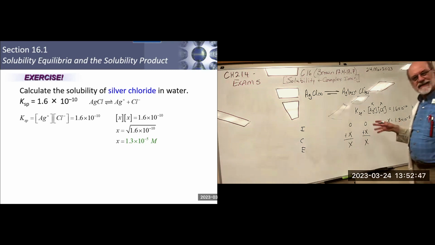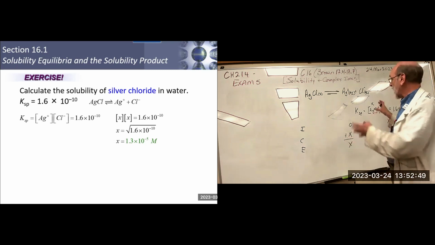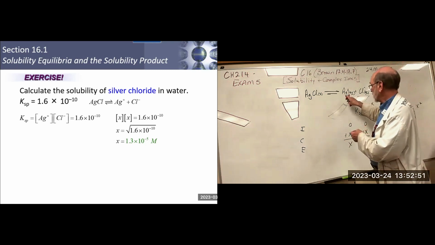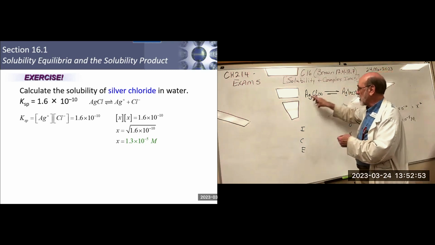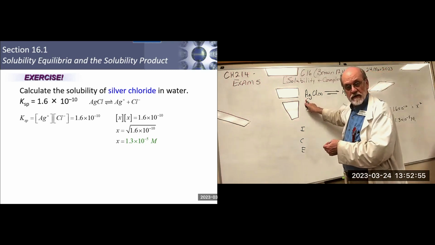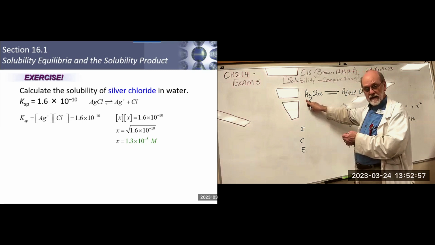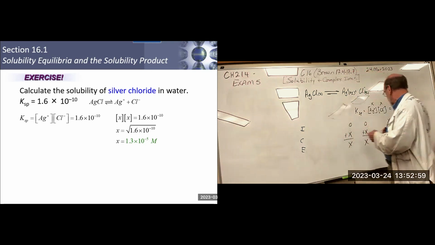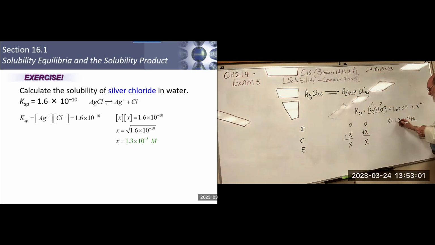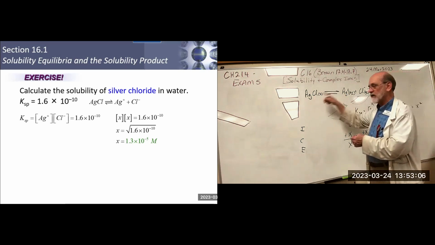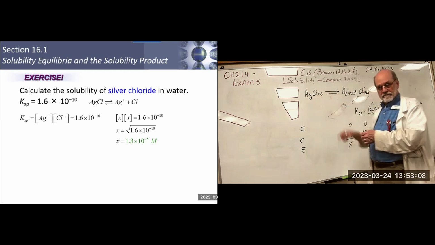All right, so what does X mean? In this context, if X is that, it's also equal to this. So the molar solubility of silver chloride is 1.3 times 10 to the minus 5 molar because of the 1-to-1 relationship of X.